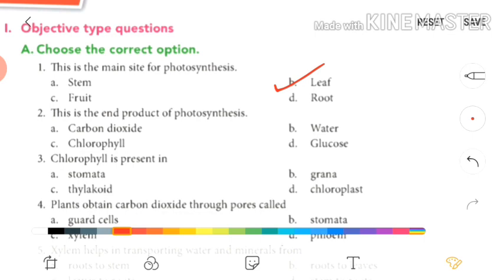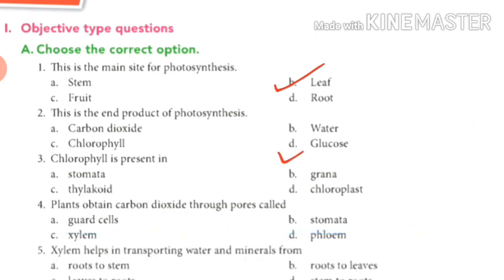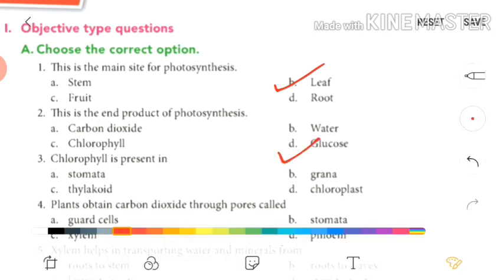Water, then oxygen will be released and glucose, the main product. Water will be released, but as a product glucose will be the answer.